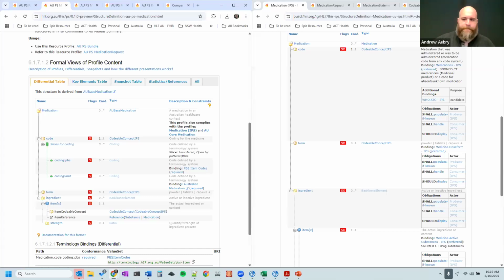Those are the primary differences between AU Patient Summary medication and the IPS. Are there any questions on these differences so far?